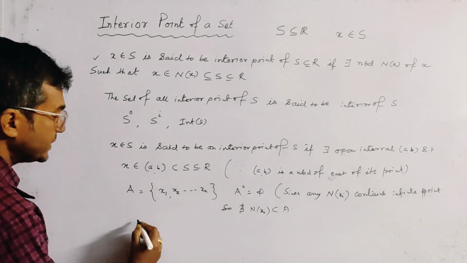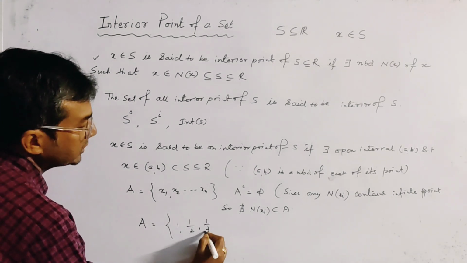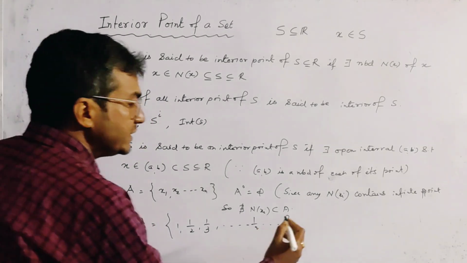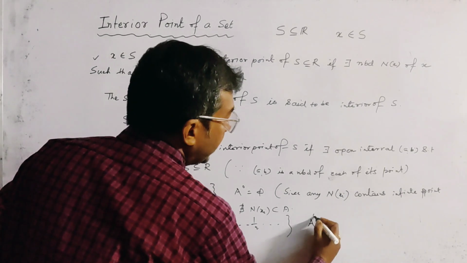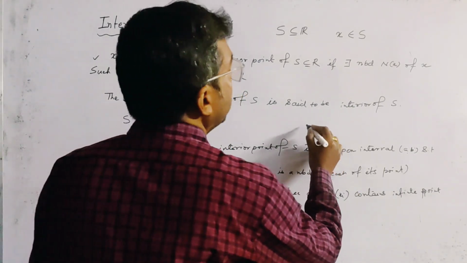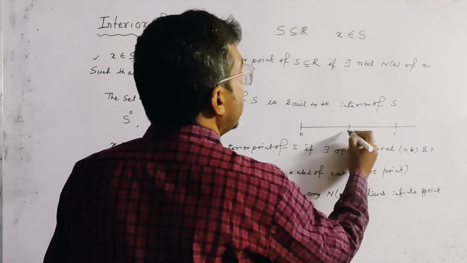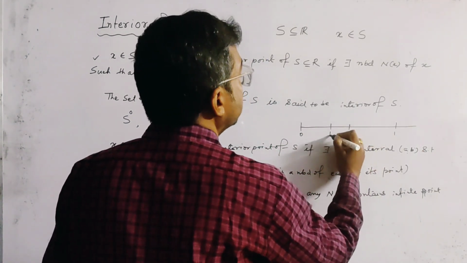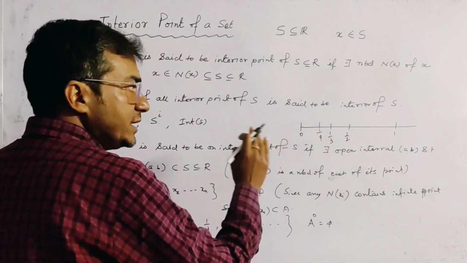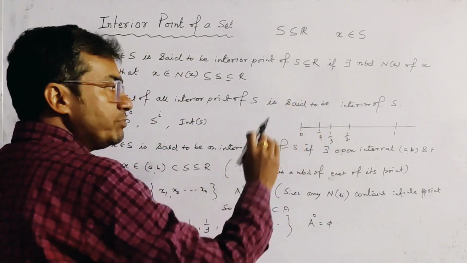If we consider a set like 1, 1/2, 1/3, up to 1/n and so on, this set also has interior equal to phi. The set looks like this: this is 0, this is 1, this is 1/2, this is 1/3, this is 1/4 and so on. It is clear that between every two points there is a gap.